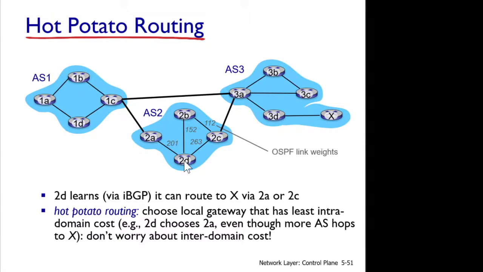It notices that it only costs 201 to get it to 2A and off its network, and it'll cost 263 to go with the more honest path. So it ends up going with 201 and pushing it over to 1C, which then gets it to 3A. So it sends it on a longer set of routers, but in doing so it gets it off its network faster and more cheaply.